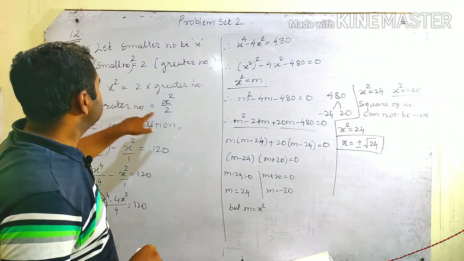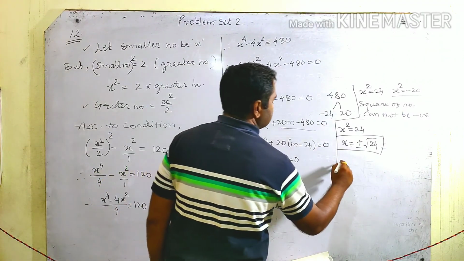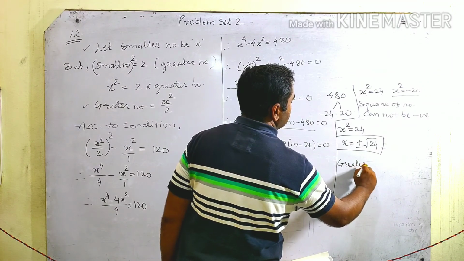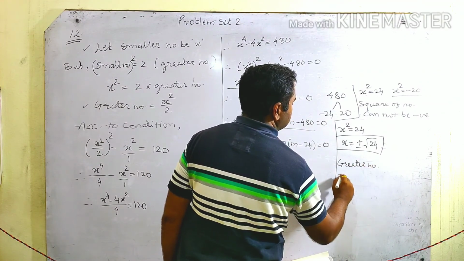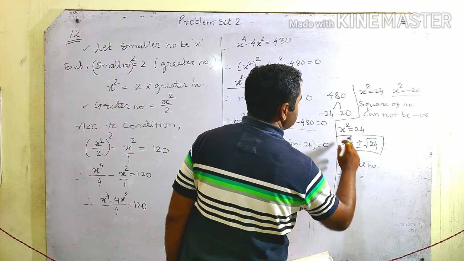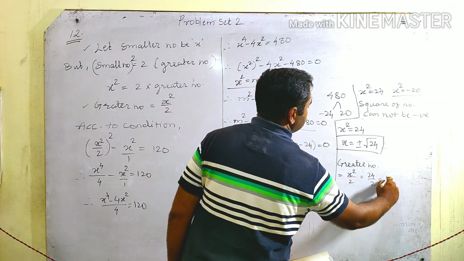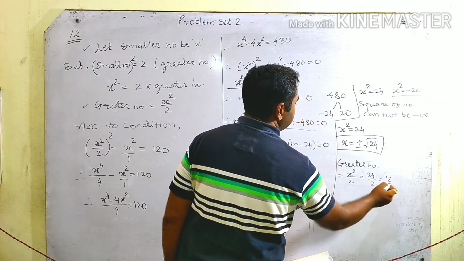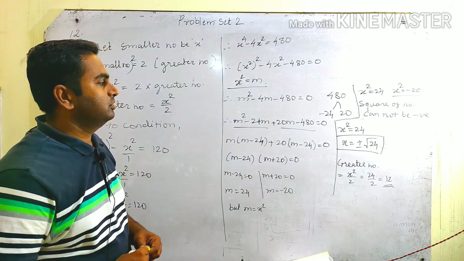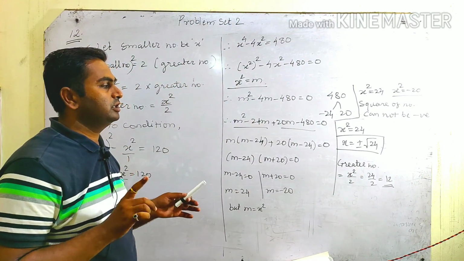Now the greater number, we considered the greater number as x square upon 2. x square is 24, so 24 upon 2, so the greater number should be 12. Okay, understood? It means the smaller number is plus or minus root 24 and the greater number is 12.